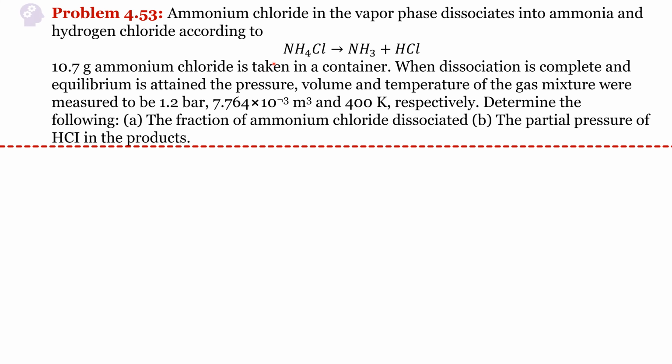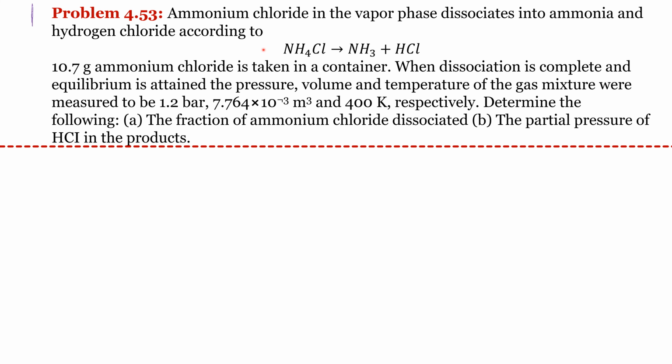So here the weight of NH4Cl is given. First we need to find the number of moles of NH4Cl. Then we can assume how many moles of NH4Cl are getting dissociated.